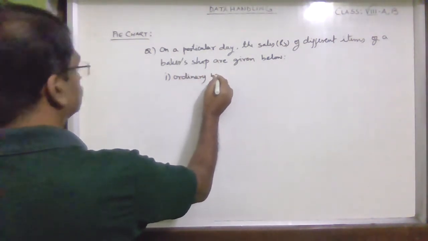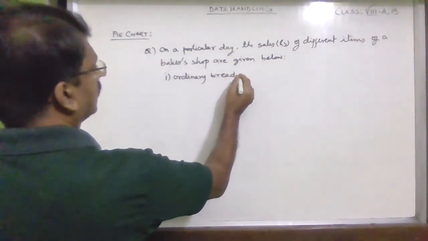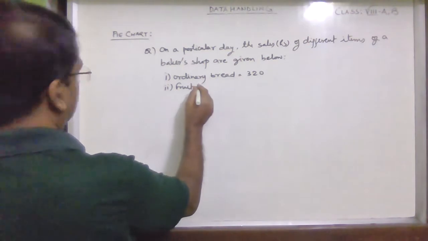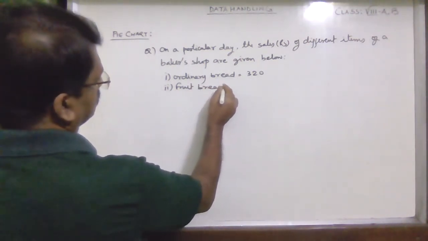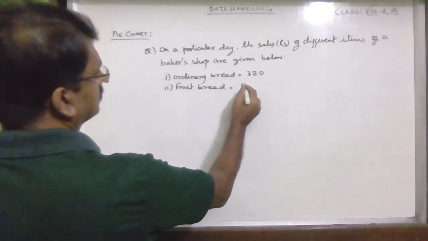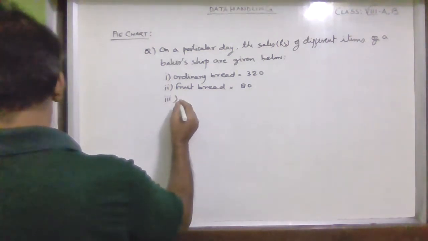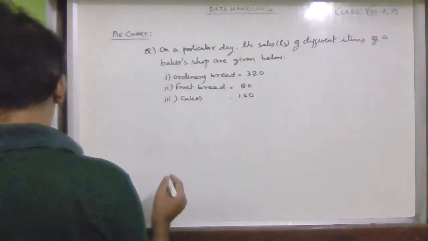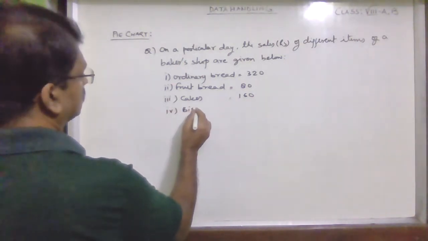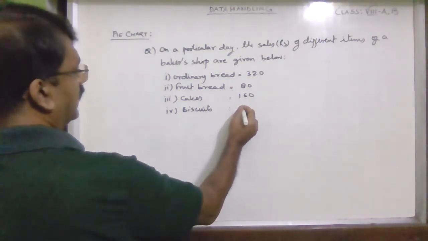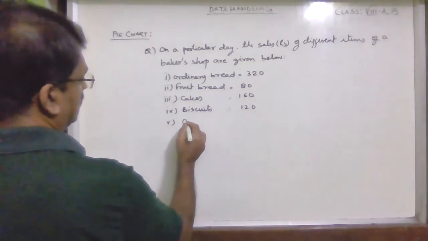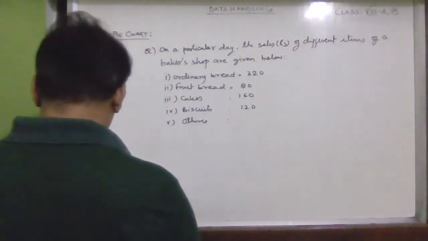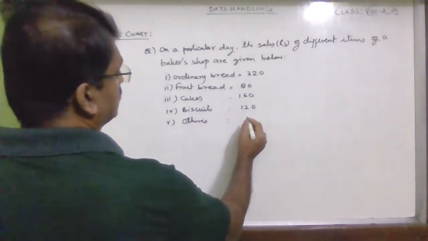Ordinary bread, 320; fruit bread, 80; cakes, 160; biscuits, 120; others, 40.